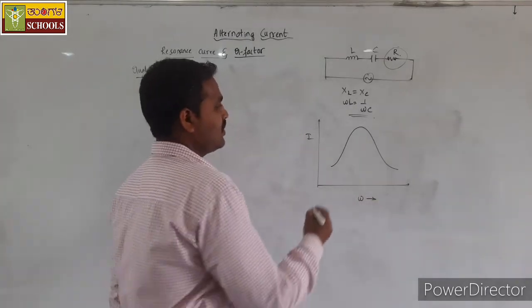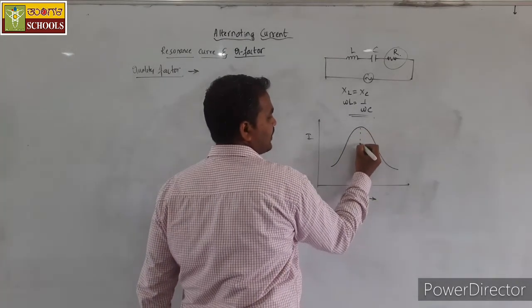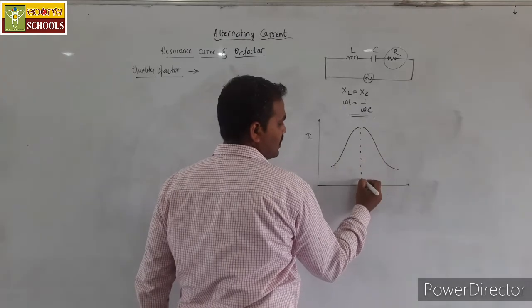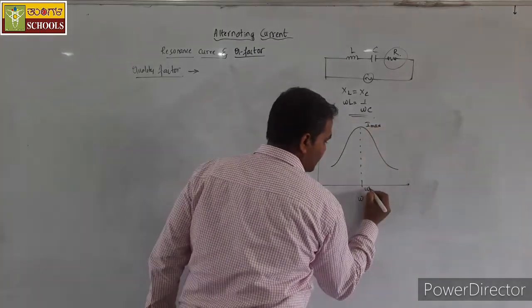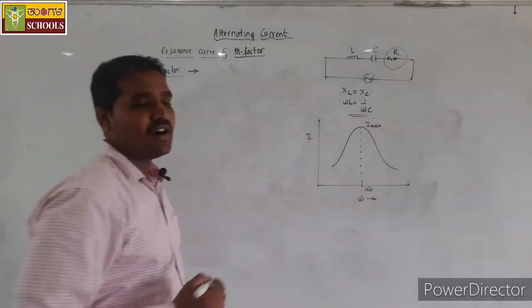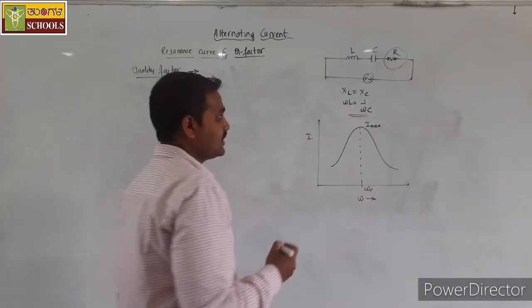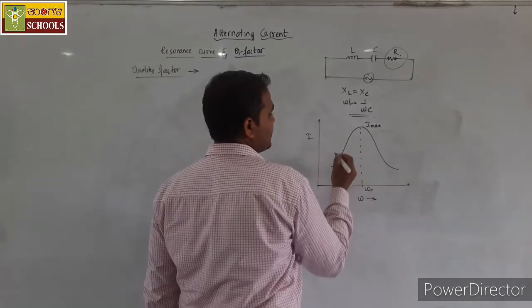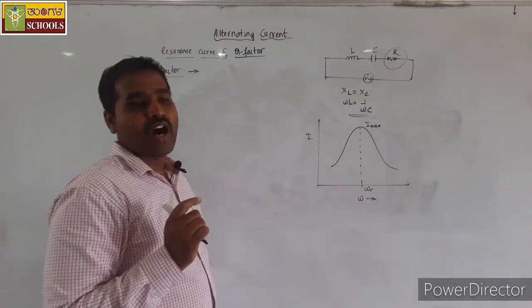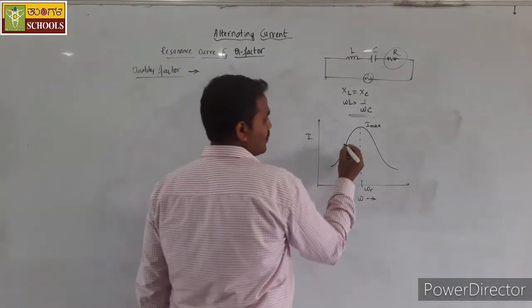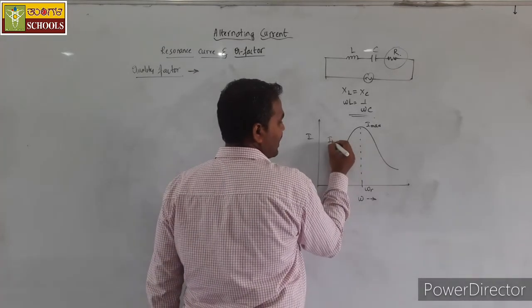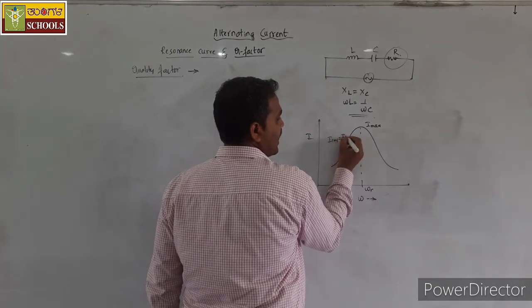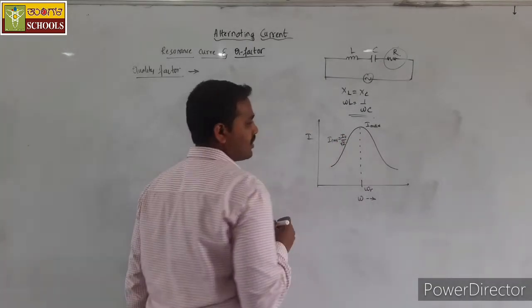So the value of the frequency corresponding to the maximum value of the current, that is I max, let us call it as a resonant frequency omega R. Then let us consider the value of the current which is equal to IRMS. So IRMS will be somewhere here, which is equal to I naught divided by square root of 2.